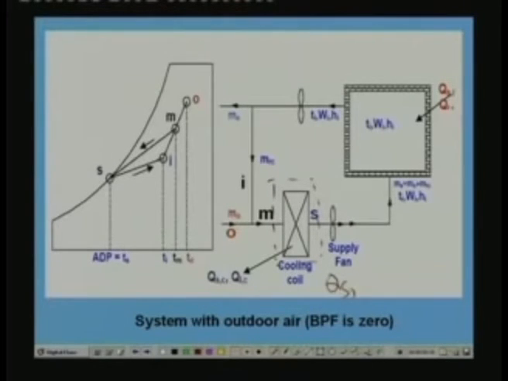Q sensible of the coil is equal to mass flow rate of supply air into Cp of the supply air into the temperature difference. Temperature difference is nothing but inlet temperature minus outlet temperature. Inlet temperature is Tm, outlet temperature is Ts. So this is multiplied by Tm minus Ts. Similarly, you can write an equation for the latent load, and you can also write an equation for the total load.